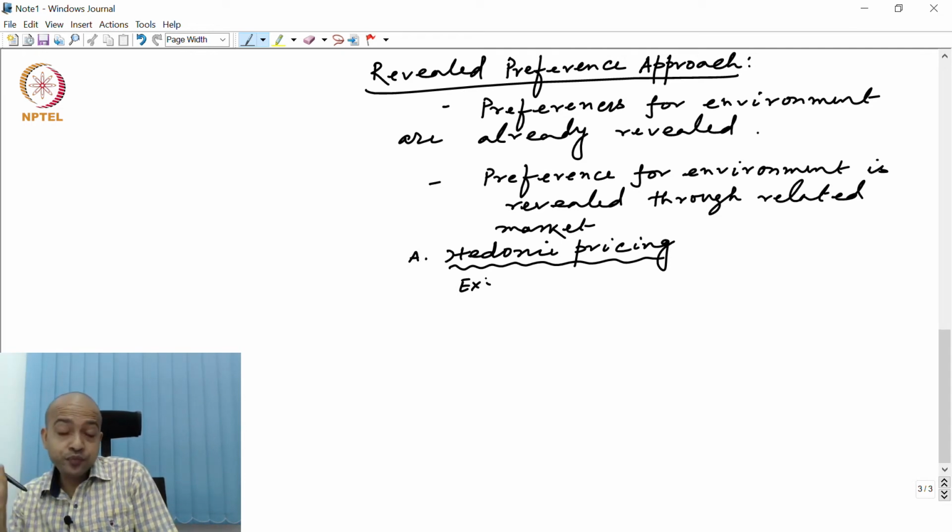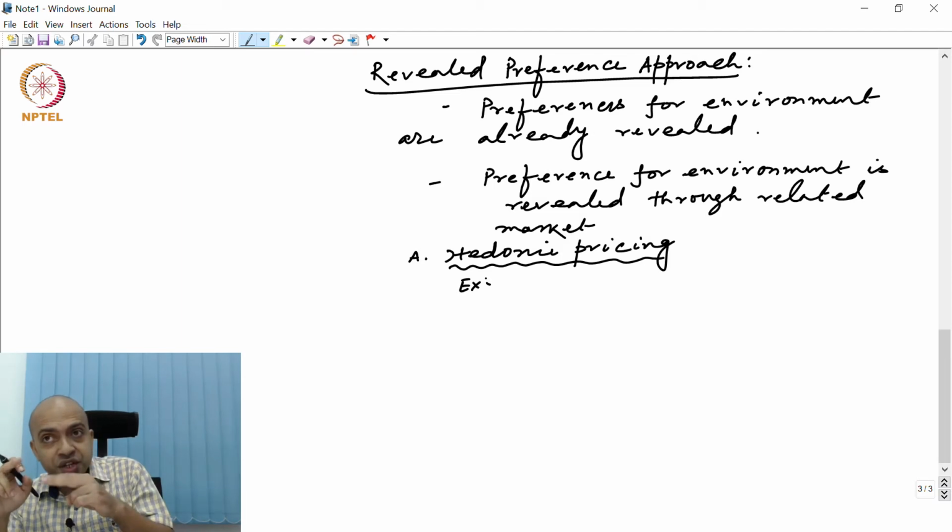Now apart from the apartment specific features, the price also depends on where is the house located. For example, if the apartment or house is located in a completely green area so that you have a fresh air to breathe, the price of that house would be much more than the same type of house, same in a sense, other attributes are similar but located in a very polluted and congested area.